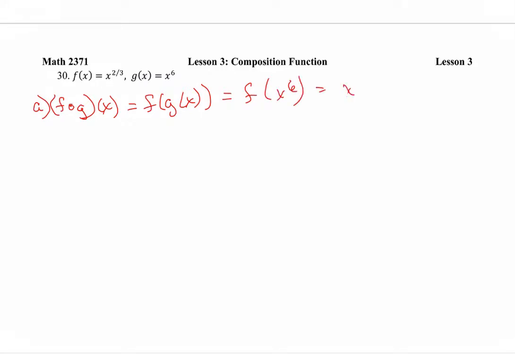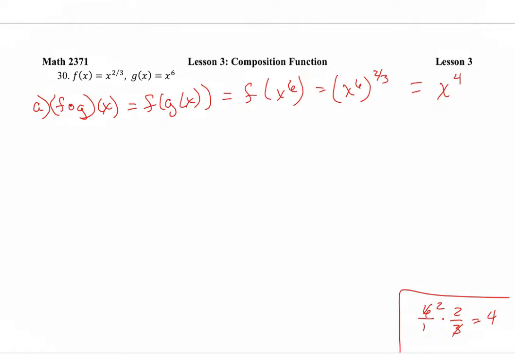So that's x to the 6th to the 2/3. So I'm going to go right over here and I'm going to multiply 6 over 1 times 2/3. So that leaves me 2, which is then 4. So this is simply x to the 4th.